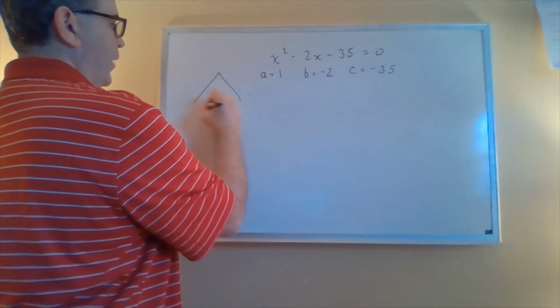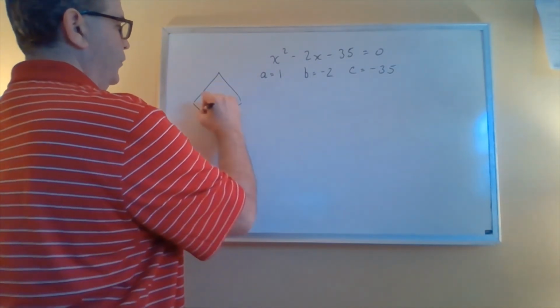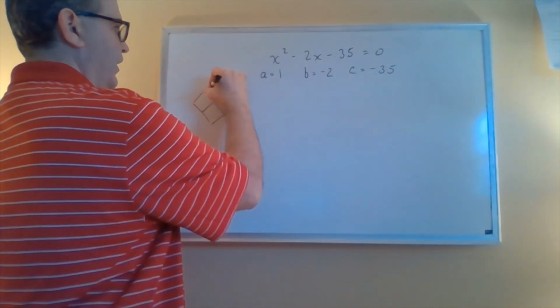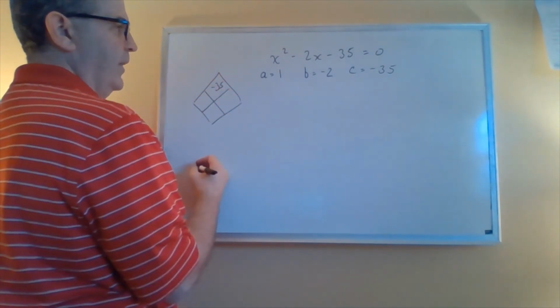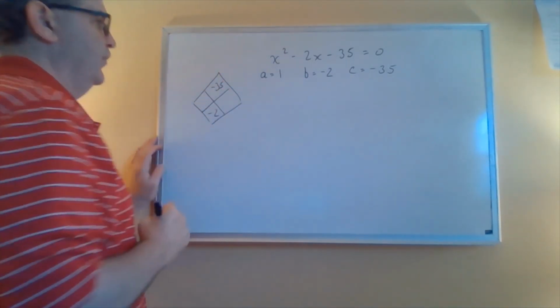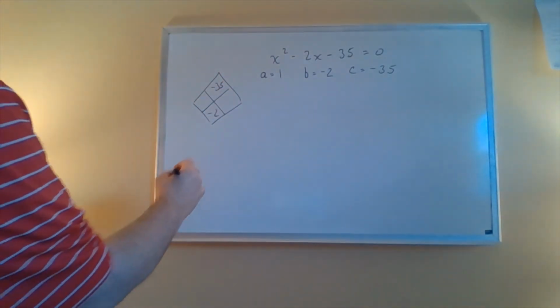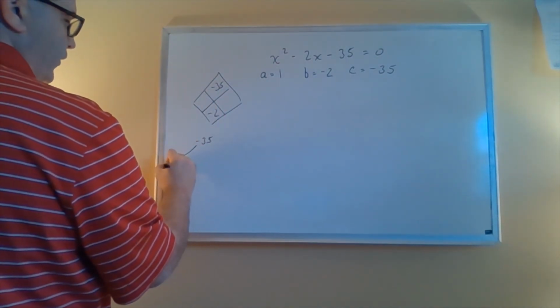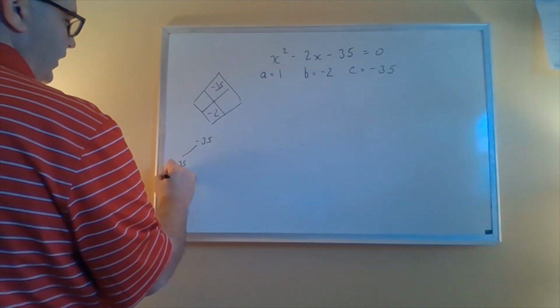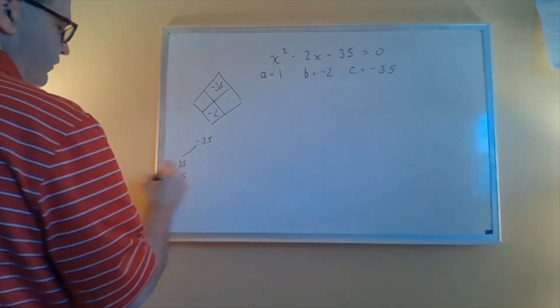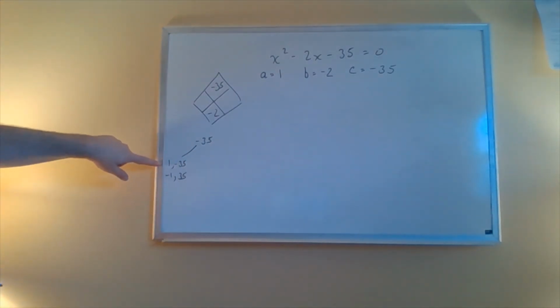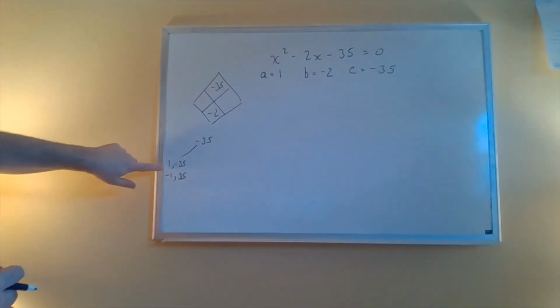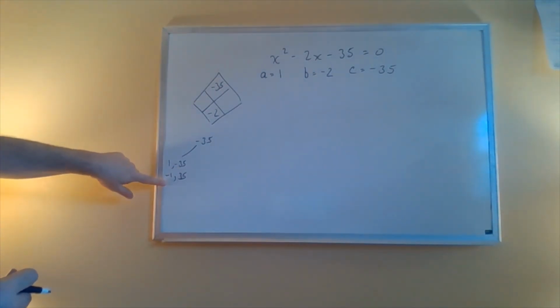So let's set up our diamond problem and find out what multiplies to get our c of negative 35 and, when we add those together, produces negative 2. So we start looking at our factors of negative 35. We have 1 and negative 35, negative 1 and 35. We multiply these together, we do get negative 35, but 1 plus a negative 35 is negative 34, and negative 1 plus 35 gives us 34.